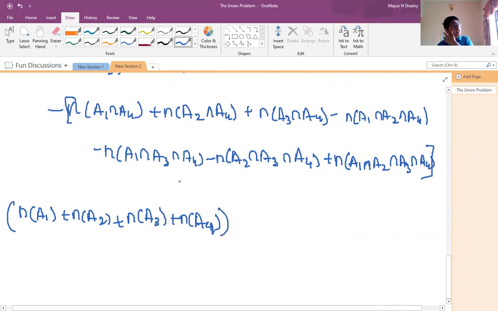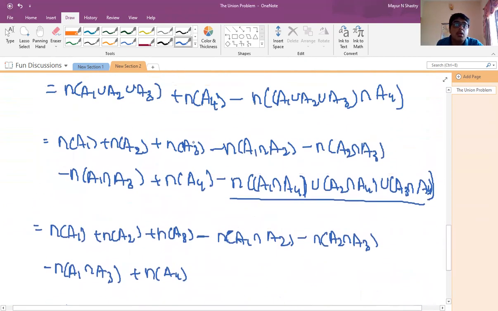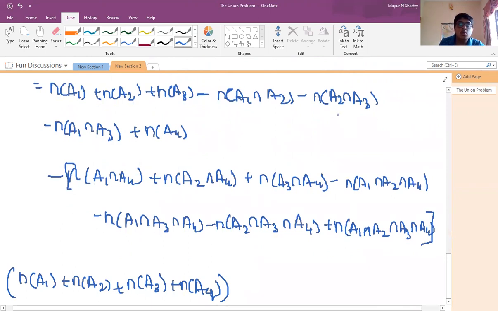Then we have all these 2 taken: A1 A2, A2 A3, A1 A3, then A1 A4, A2 A4, A3 A4. All of these are minuses. There is a minus outside, so all these get a minus.